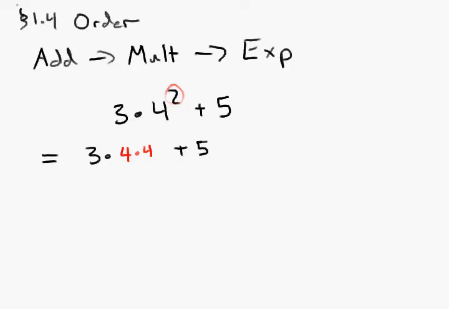Okay, and then this is where things get a little tricky. I'm going to take this multiplication here, treat it as if it's in parentheses and rewrite it. So it's 4 times 4 plus 4 times 4 plus 4 times 4, and then I'll fill in the rest of the equation around it.